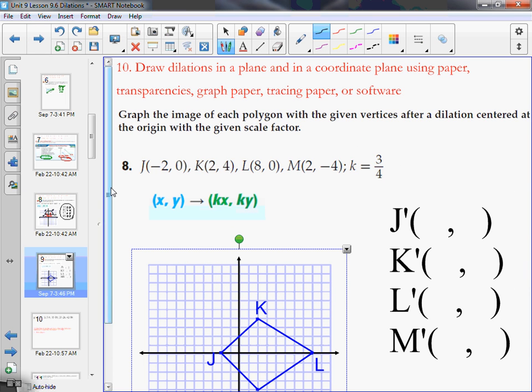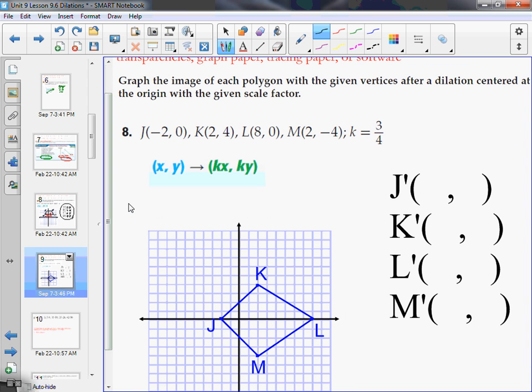All right, let's take a look at number 8. This time, the scale factor is a fraction. And I don't expect you to be afraid of multiplying by a fraction.